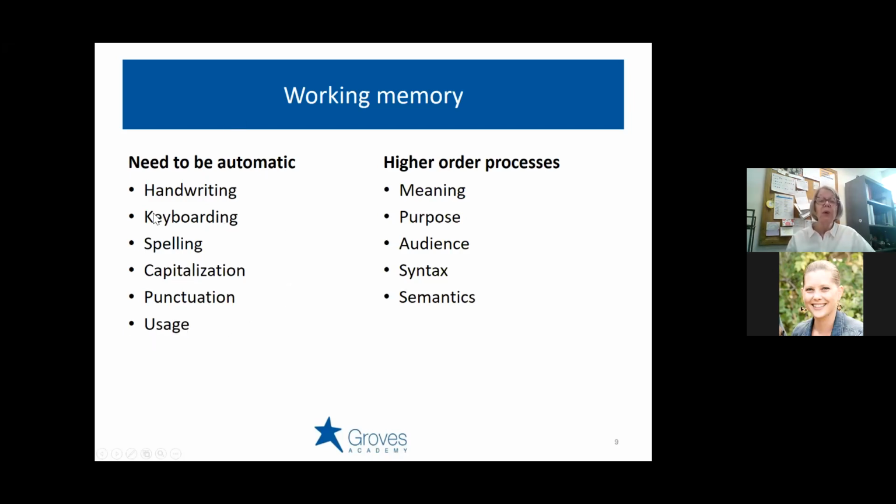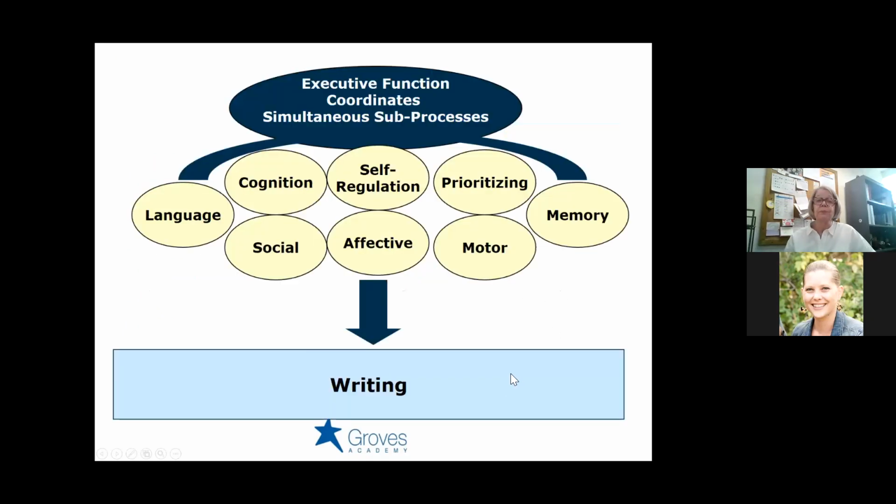So there are workarounds, but these things have to be in place. And life is easier, of course, if these various skills are more automatic, so you can really have the cognitive working space to focus on these other higher order issues.